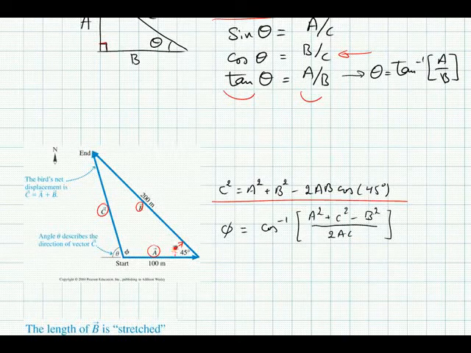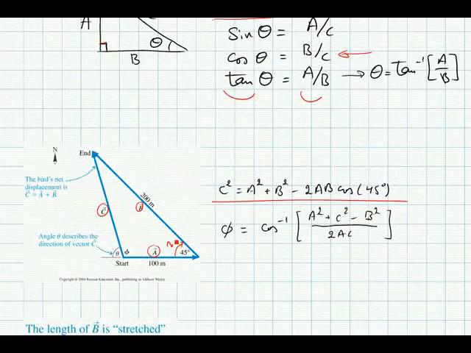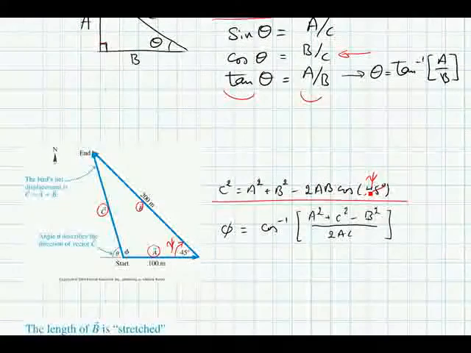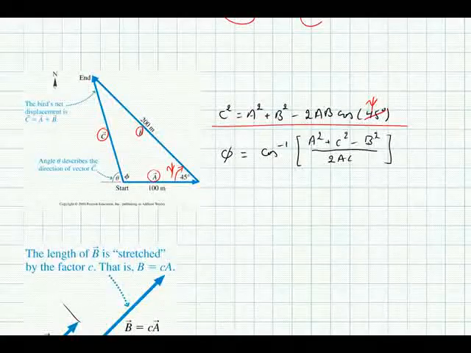If this angle were a different one, let me just use psi, rather than 45, this is a generic way to show it. Of course, I don't want you to think that it only works with a 45-degree angle.